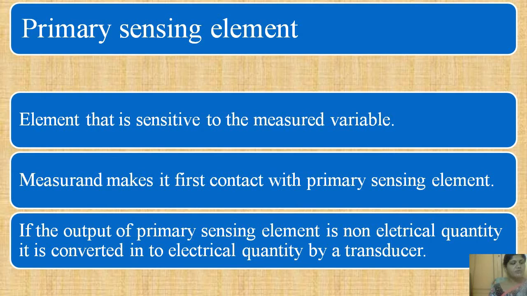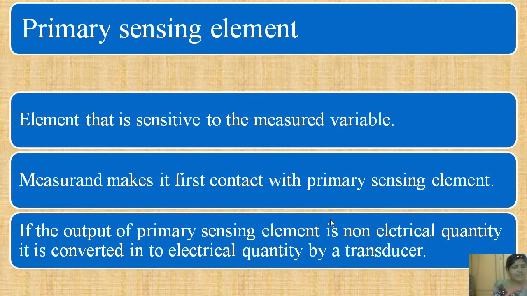When the output of the primary sensing element is a non-electrical quantity, it has to be converted into an electrical quantity, and this operation is performed by a transducer. The transducer is a device which converts a non-electrical quantity into an electrical quantity. So if the output of the primary sensing element is a non-electrical quantity, it is converted into an electrical quantity through a transducer.